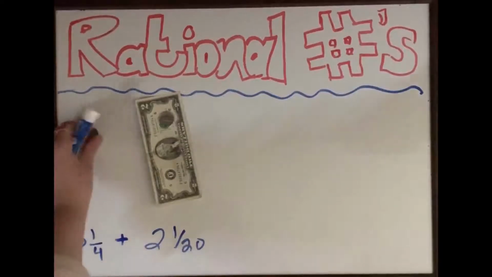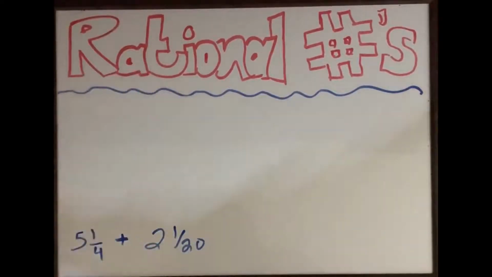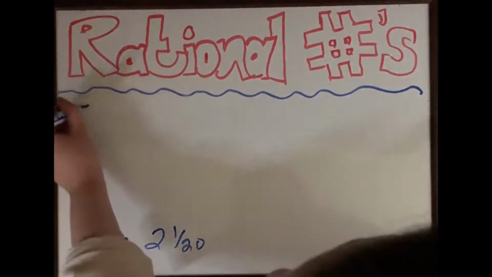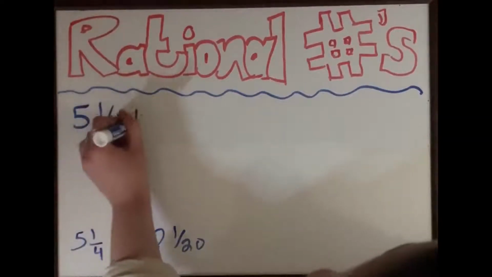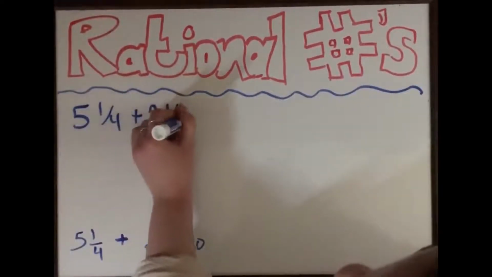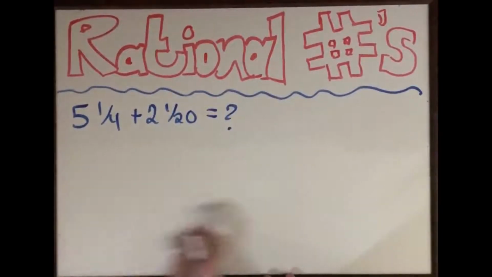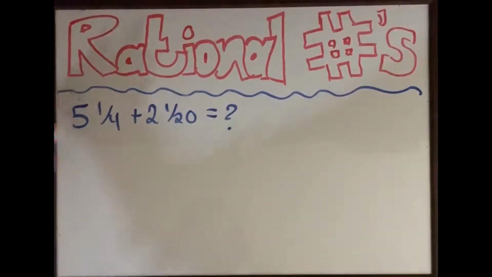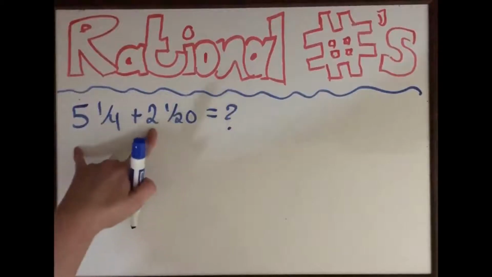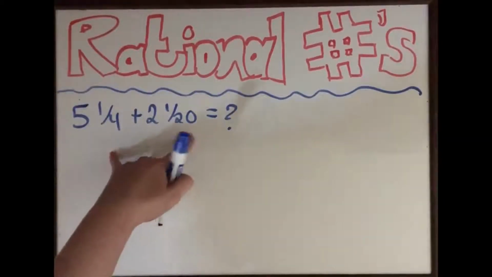Well, I'm going to rewrite it, and I'm going to take away the money. First, we have to get common denominators. Now, we could turn these numbers into mixed fractions, but that's not necessary, because when you have rational numbers and mixed numbers, you can always just add the whole numbers at the end after you've added the fractions.